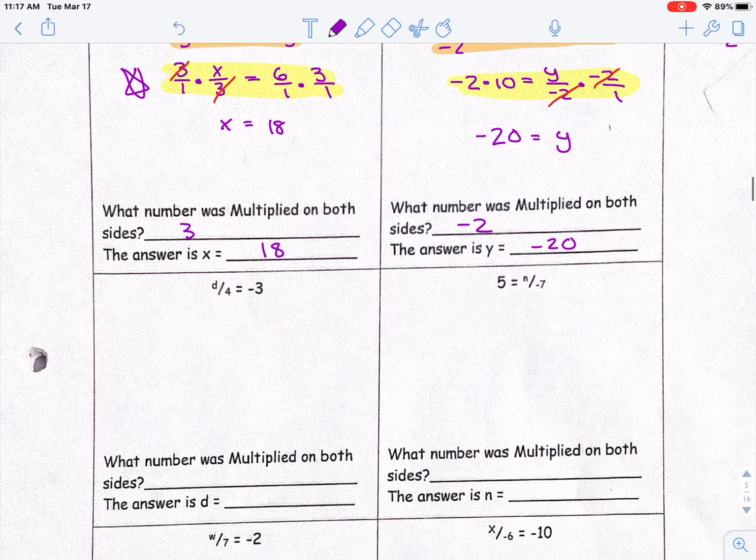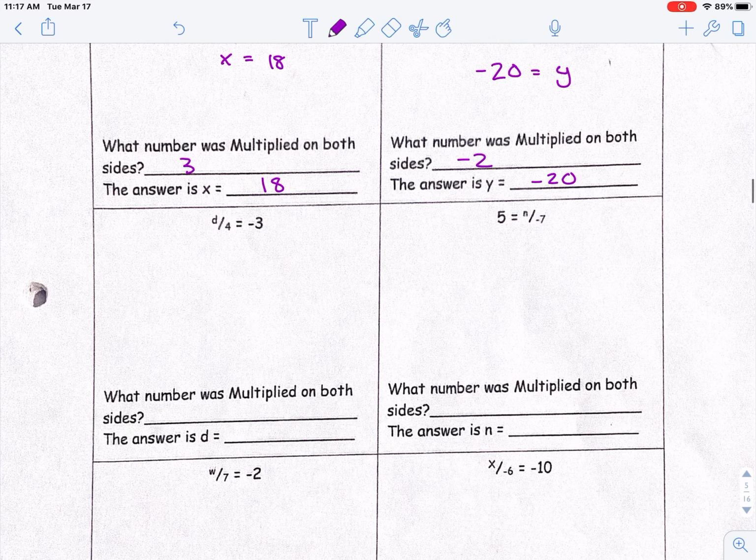All right, we'll do these next two together again. So we have d divided by 4 is equal to -3. So we're going to multiply both sides by 4 to undo dividing by 4. And we're going to be left with that d on our left. And now we have -3 times 4, which is -12.